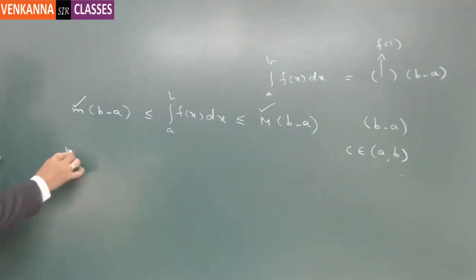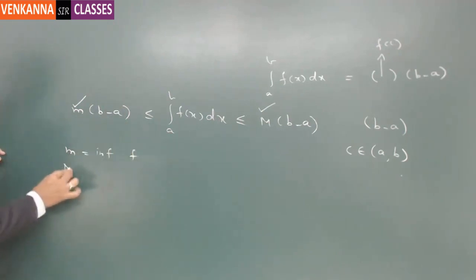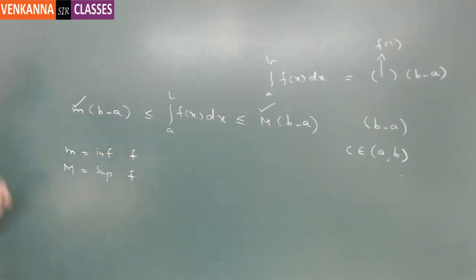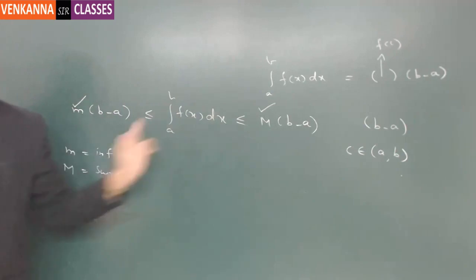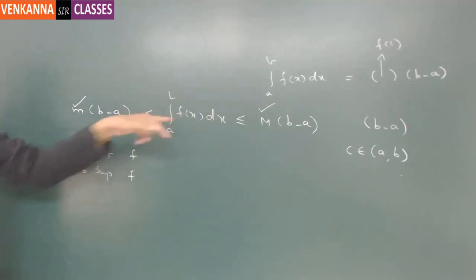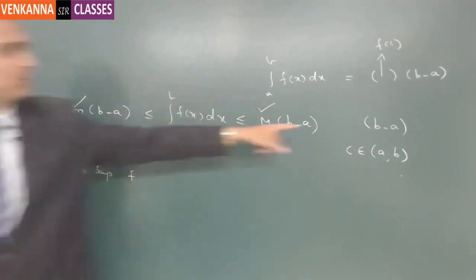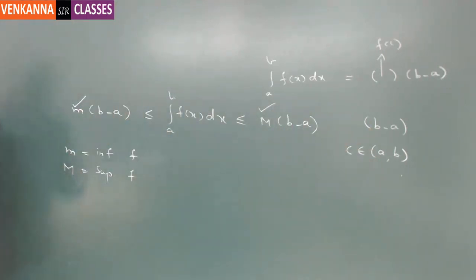So the integration value will lie between these two. From this, it can be observed that the integration value is always a multiple of b minus a. Some number times (b minus a) we are going to get. Okay?